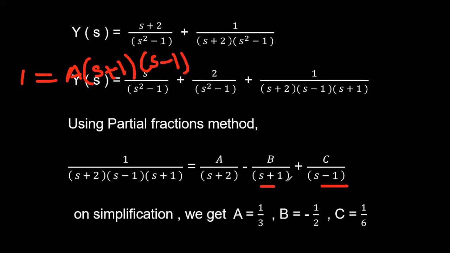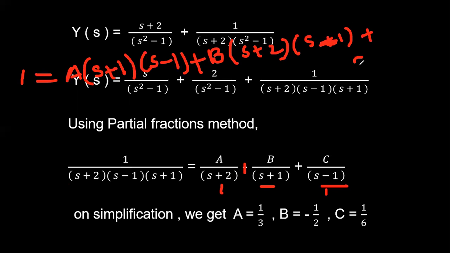Or you can take the LCM and simplify. Next is plus B into, again leaving this denominator term, you multiply the remaining two, that is (s plus 2) into (s minus 1).